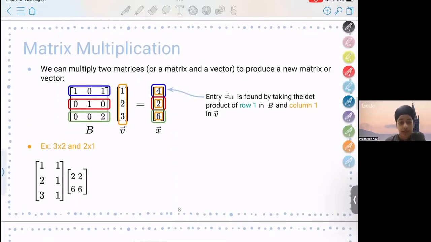Okay, matrix multiplication. So we can multiply 2 matrices or a matrix and just a vector, which I'll show in this example, to produce a new matrix or vector. I've labeled it with a lot of colors here, but basically how I like to imagine it is when you have a vector here and we're multiplying it by a matrix, I imagine me picking up this orange box and laying it on top of the matrix, row by row.